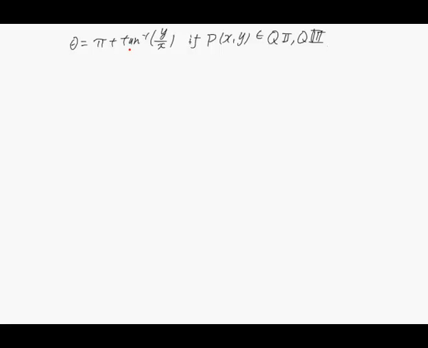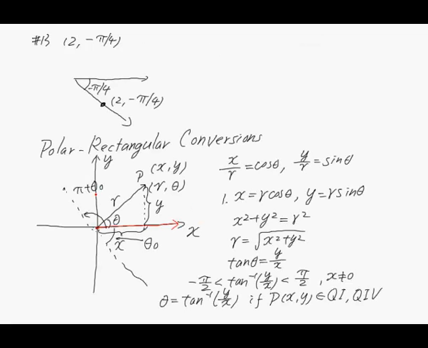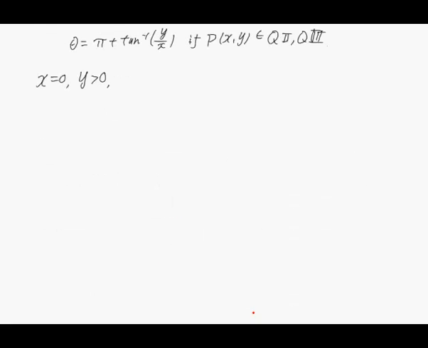Now, two special cases. x equals 0 and y is positive. So if x is equal to 0 and y is positive, we know it's on the positive y-axis, right? So it's here. And then its angle should be equal to 90 degrees, or half pi, right? So in this case, theta is just equal to half pi.